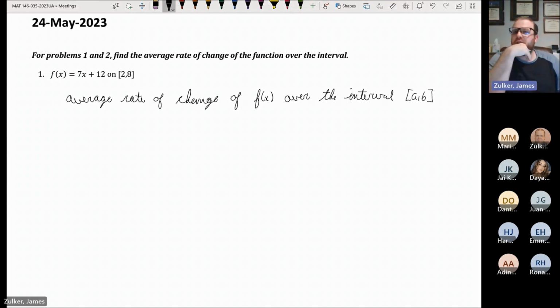Average rate of change of some function, let's call it f of x, over some interval, let's call it the closed interval a to b.